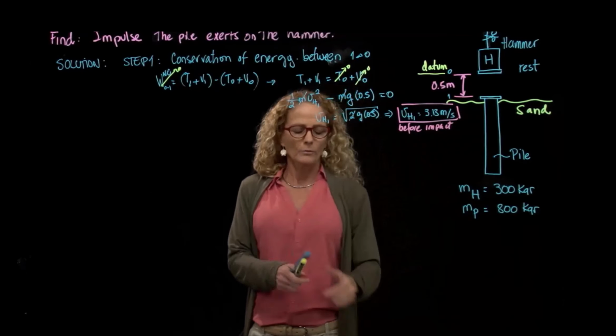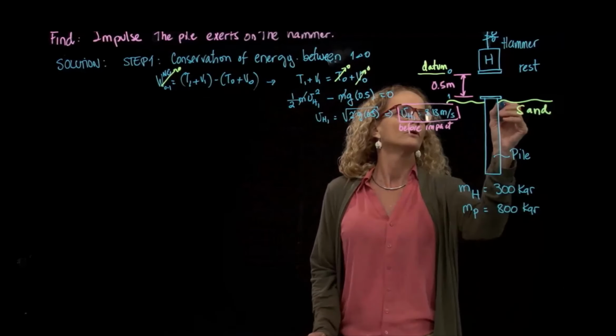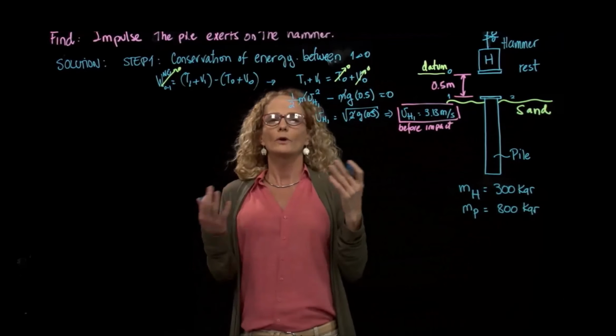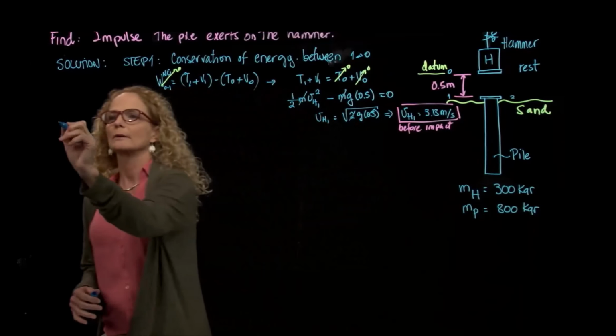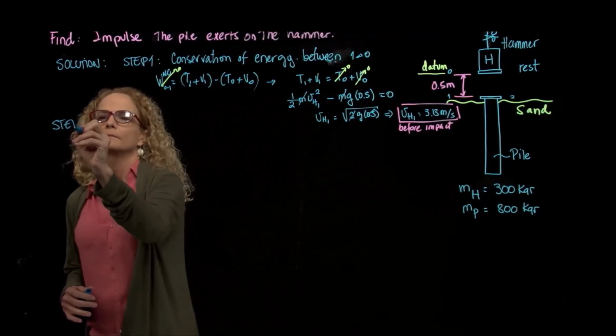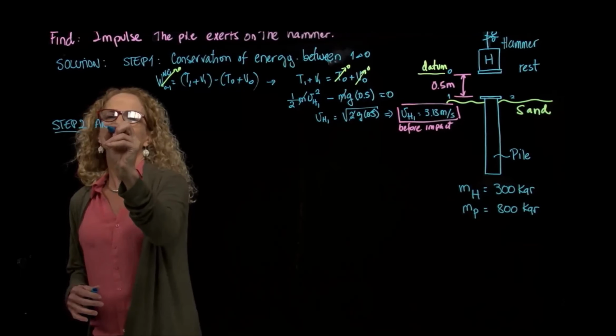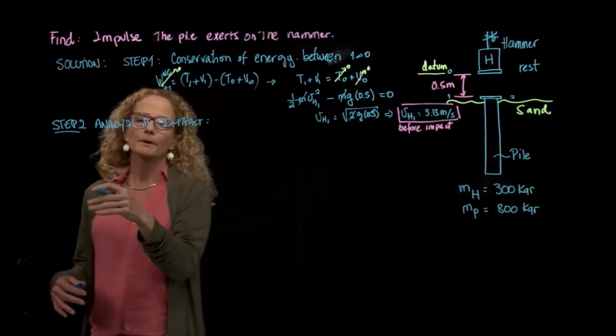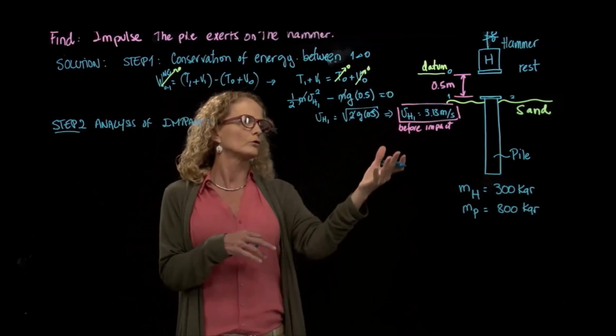And then let's go to position 2, right after the impact. Now we are going to analyze the impact. So step 2, analysis of impact. Before impact is 1, and after impact is 2.